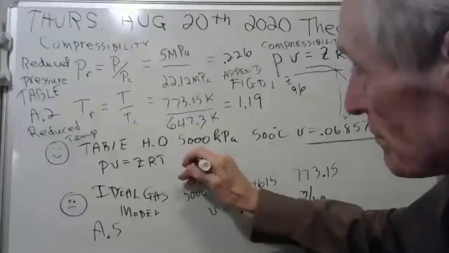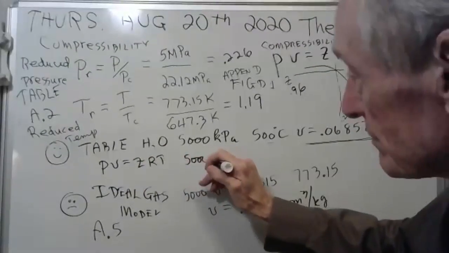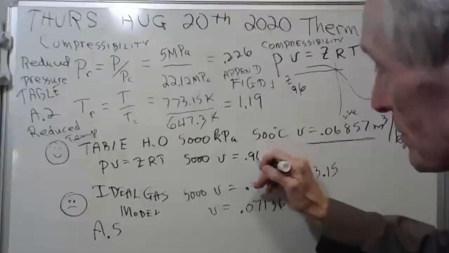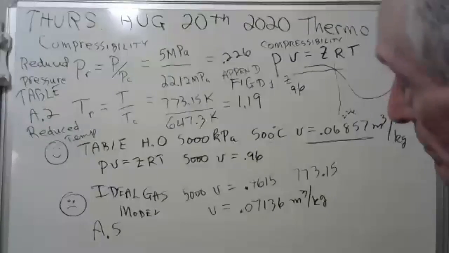Well, the pressure is 5,000, and we're going to solve for V, and the Z is 0.96 according to that diagram.